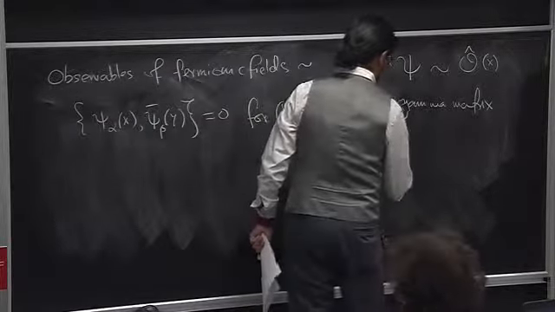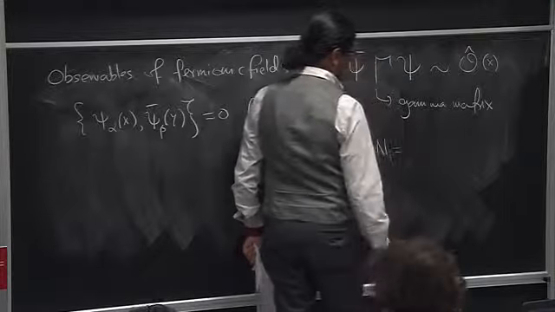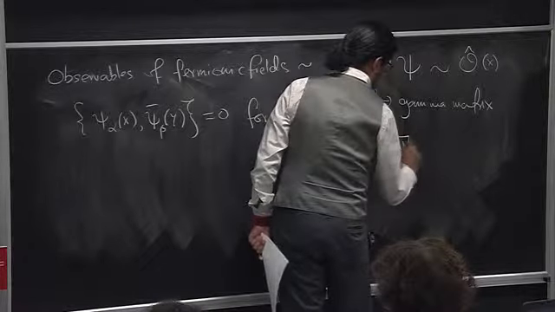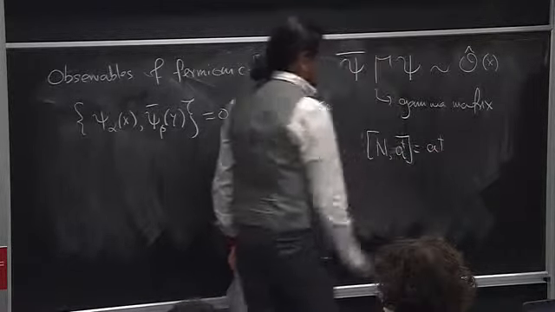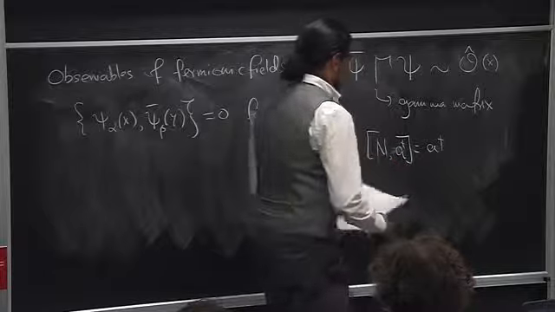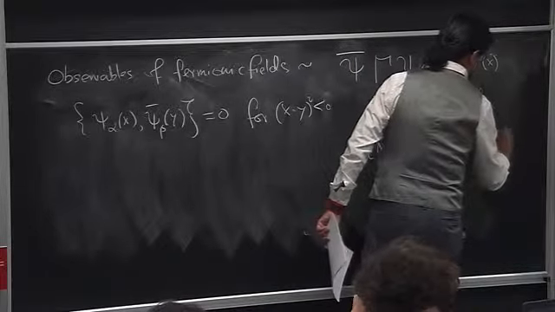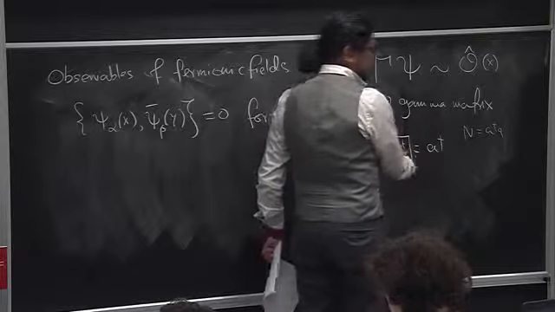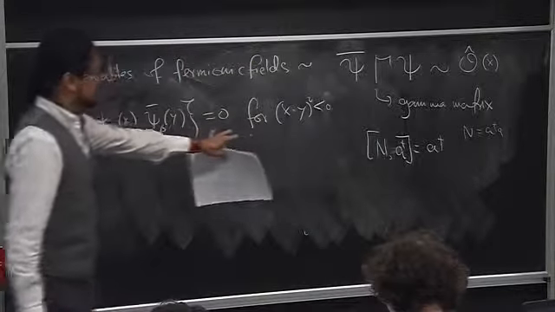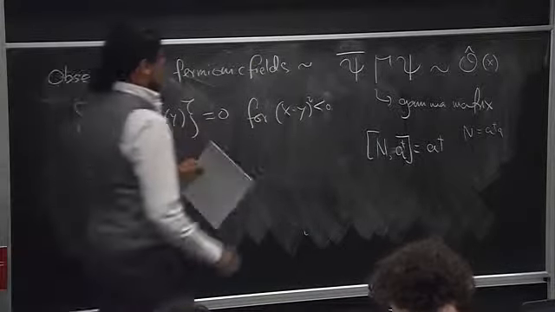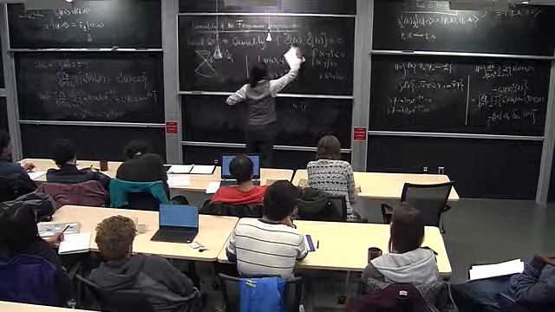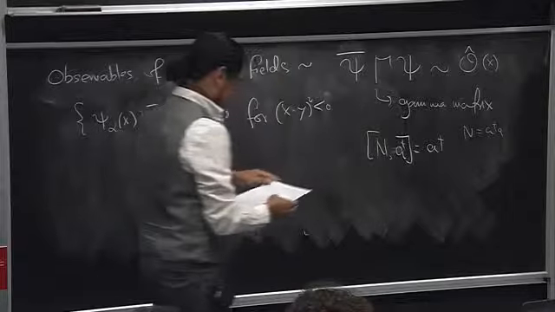And this is something that we used when we worked out the algebra of N and A dagger. Remember, we imposed anti-commutation relationships on A and A dagger. So what was N? N was A dagger A. So we actually decompose the left-hand side in terms of anti-commutators of A and A dagger, and you can do that just by simple algebra. So the upshot is that this will actually allow you to satisfy this kind of relationship. Okay?